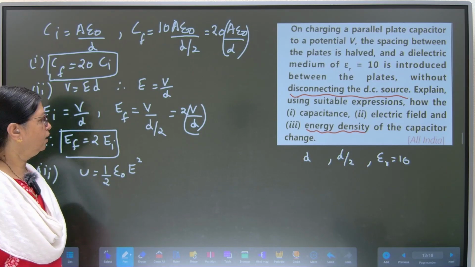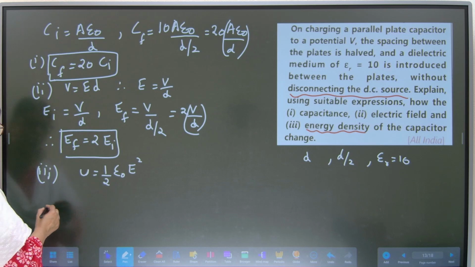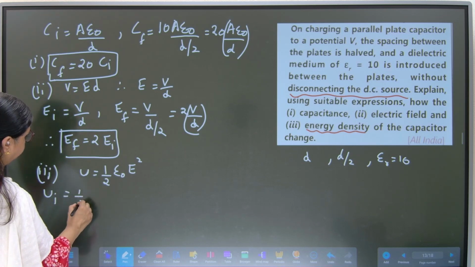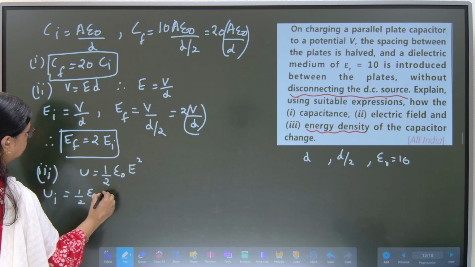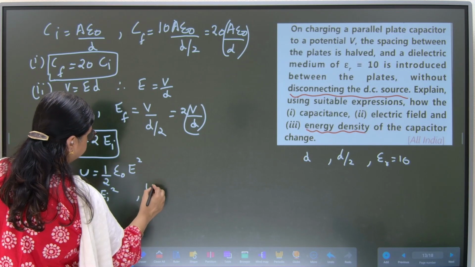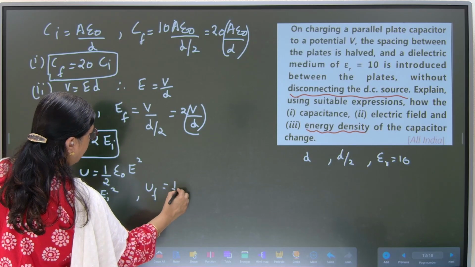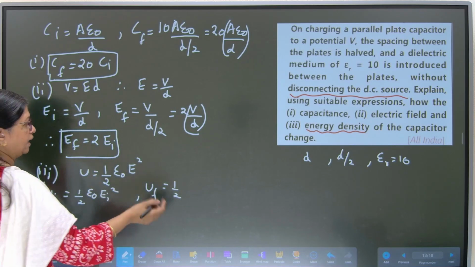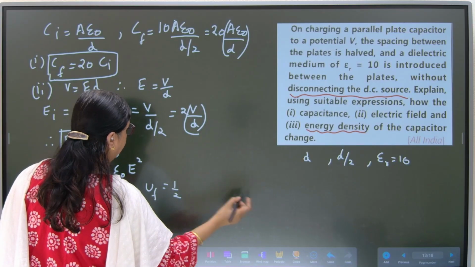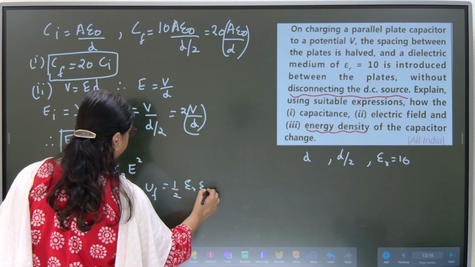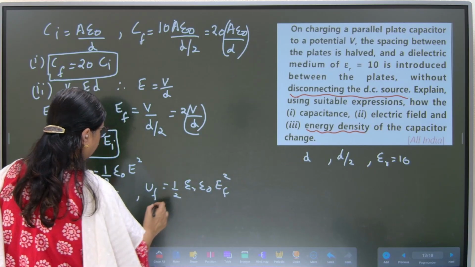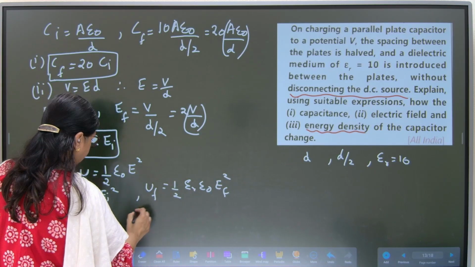UI is equal to half epsilon naught Ei square. UF is equal to half, and instead of epsilon naught we write K epsilon naught or epsilon R epsilon naught, times Ef square.